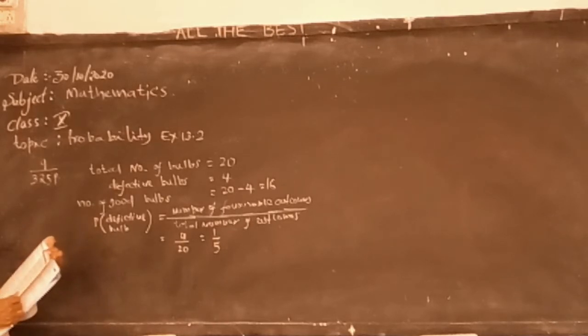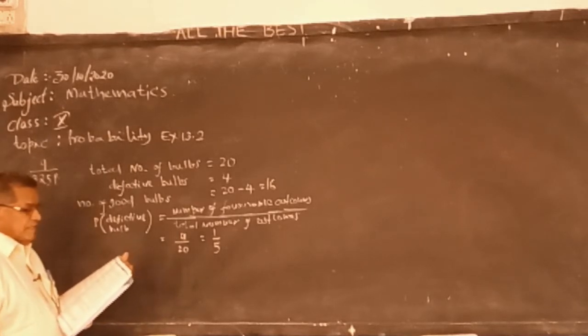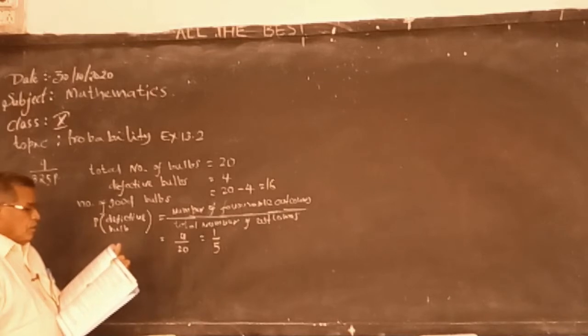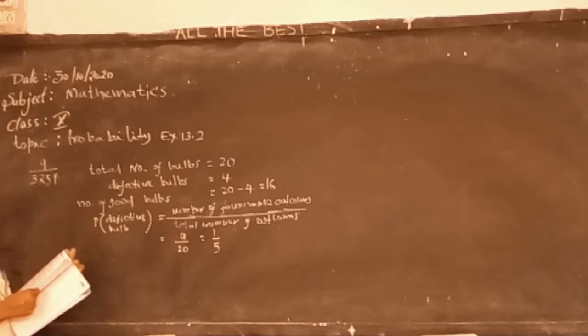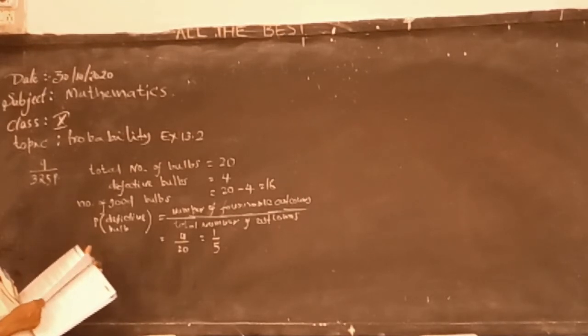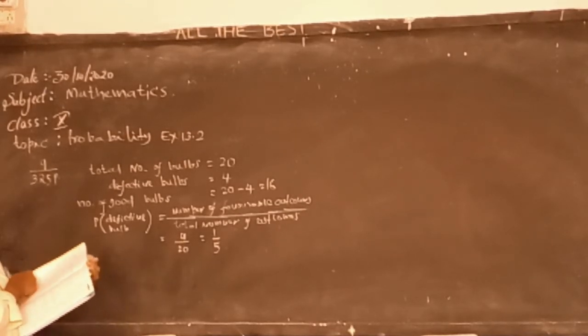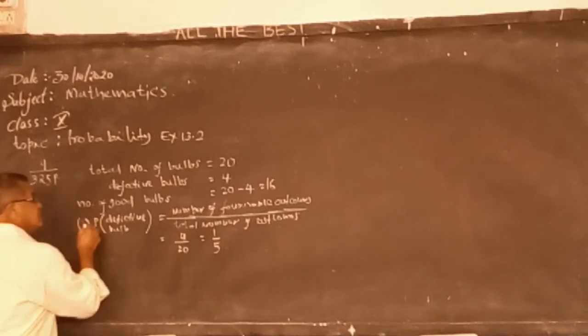Suppose the bulb selected in the previous case is not defective and is not replaced. Now one bulb is selected at random from the rest. What is the probability that the bulb is not defective? So a good one. This is the first bit.